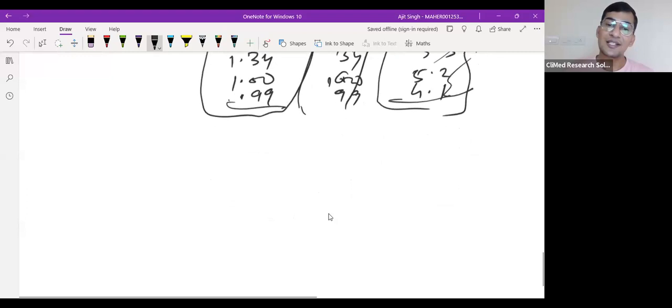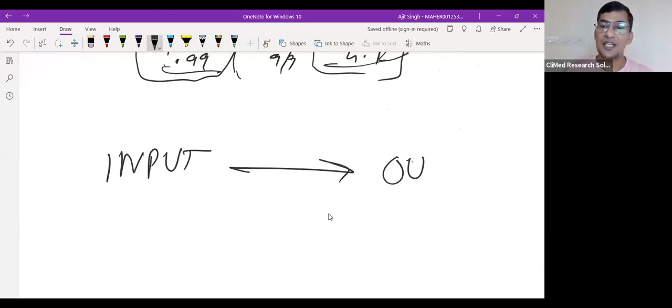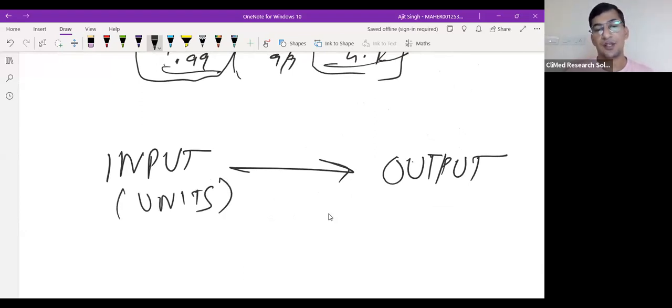So in simple terms, whatever input you are giving, you will get the same output in case of units. SPSS will not change any units by itself.